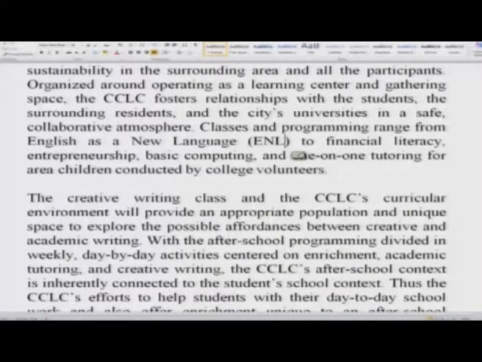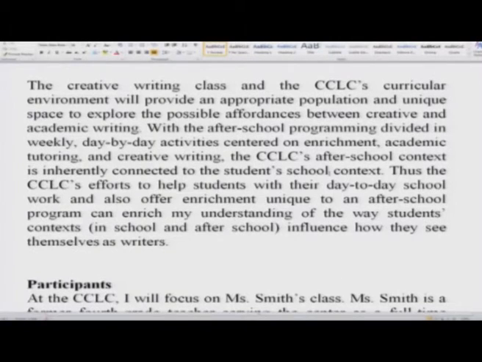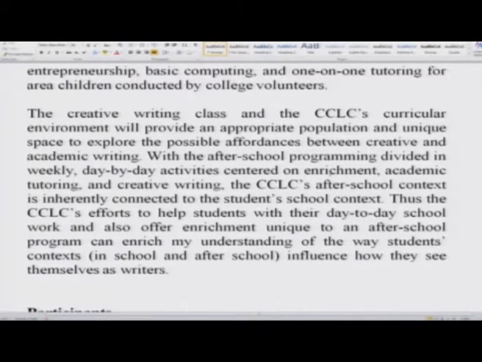English as a new language, ENL, to financial literacy, entrepreneurship, basic computing and one-on-one tutoring for area children conducted by college volunteers. The creative writing class and the CCLC's curricular environment will provide an appropriate population and unique space to explore the possible affordances between creative and academic writing.